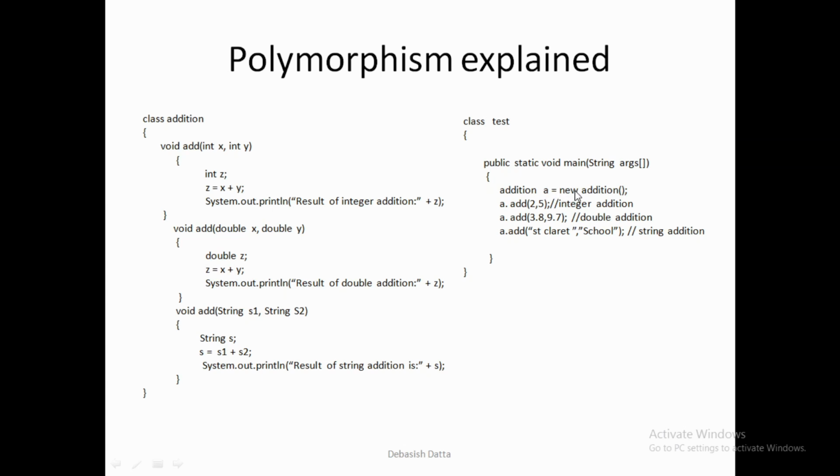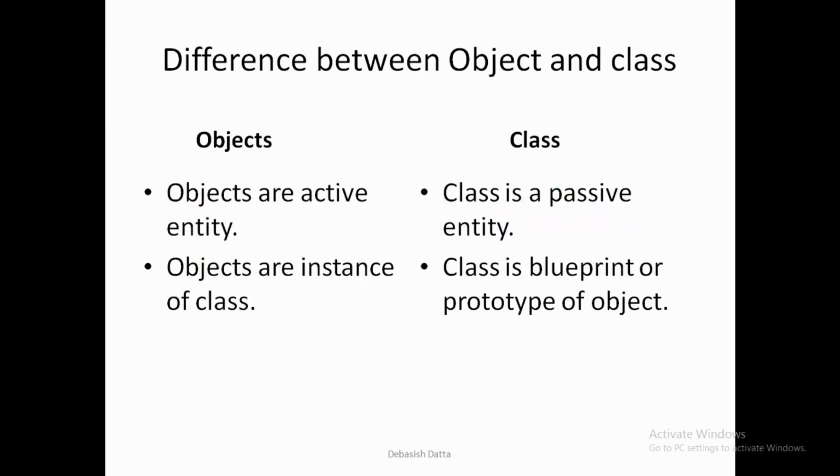So the new operator will calculate how much memory will be required, and that amount of memory will be reserved in the computer main memory, which is RAM. Whenever this happens, we say the entity for which memory has been reserved in the main memory is an active entity. In that sense, an object is an active entity.